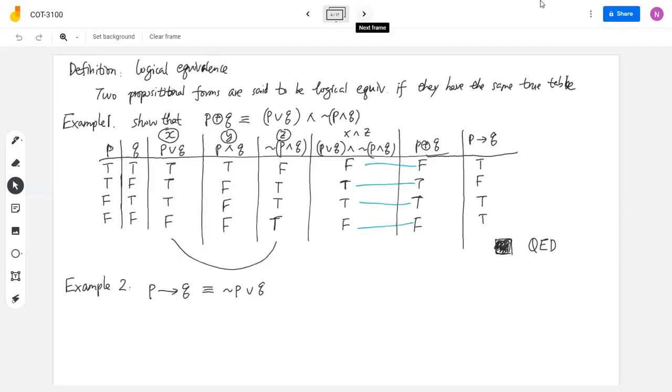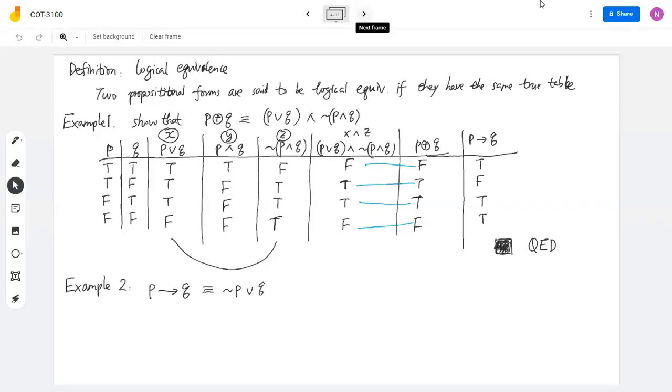So we first have this not P, which is true when P is false. If P is true, then you have to make sure Q is true, and then because you have this not P, that is false. So you can see that for P implies Q to be true when P is true, Q must be true. So we have this equivalence.